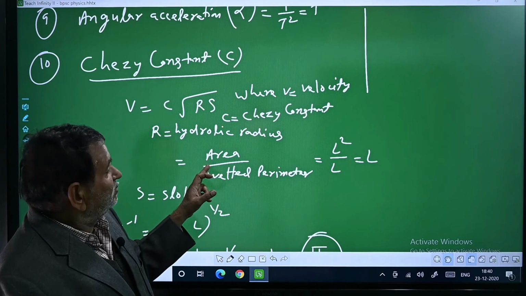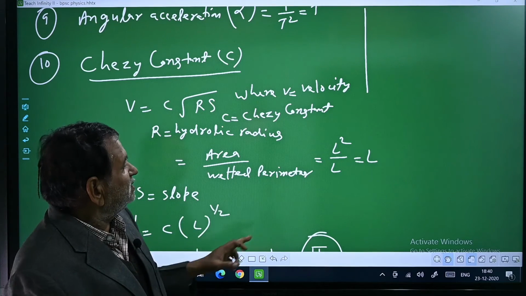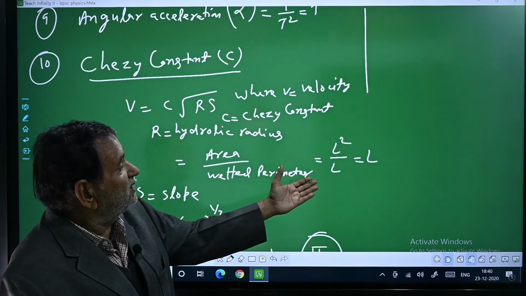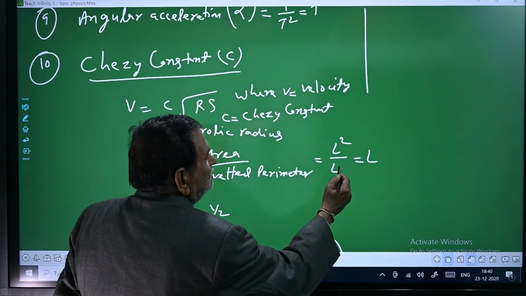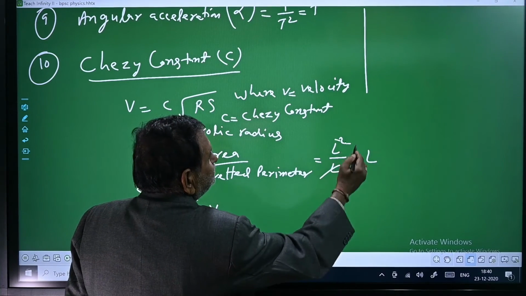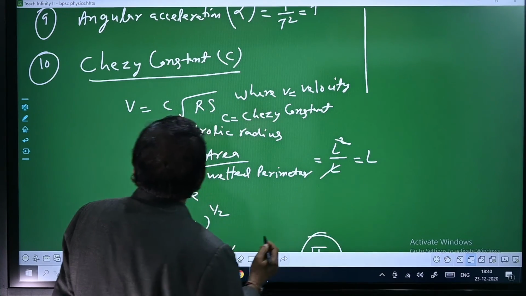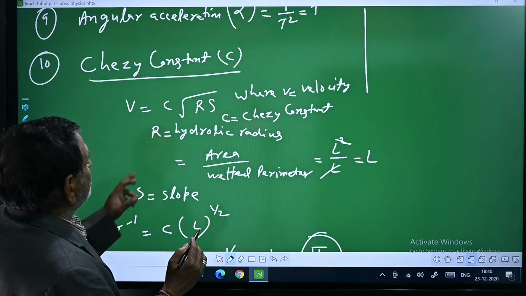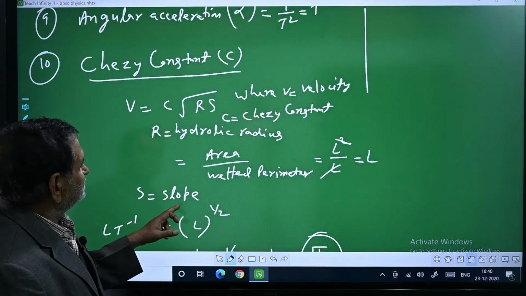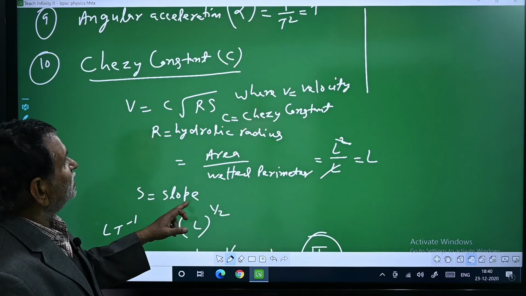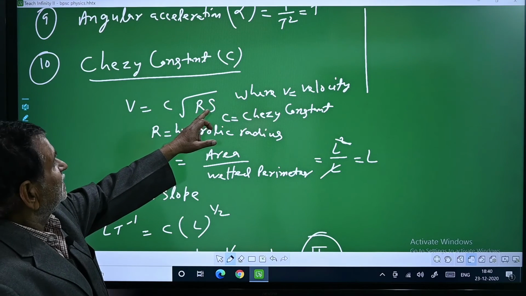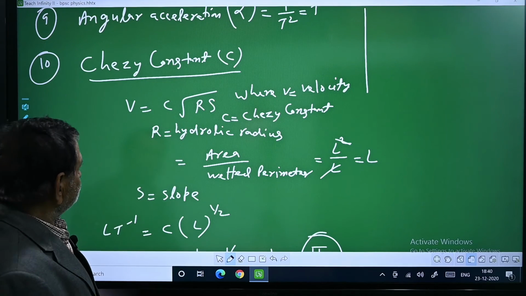The dimension of area is L^2 and the perimeter is a length, so one L cancels, and the dimension of the hydraulic radius will be L. S is the slope, a dimensionless quantity, so we do not write it here.